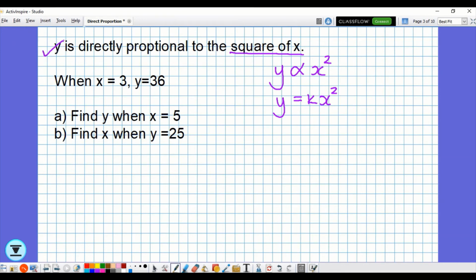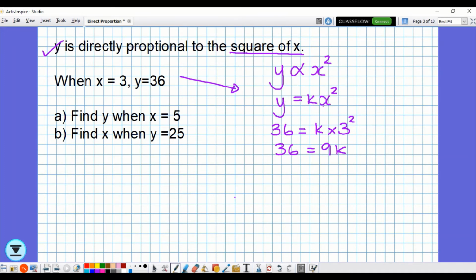Now it says when x equals 3, y equals 36. So I'm just going to substitute those values into this equation here. So when y equals 36, we know that x is 3 and we have to square that. So I have 36 equals 9k. Now I need to find k on its own in order to finish off this equation.